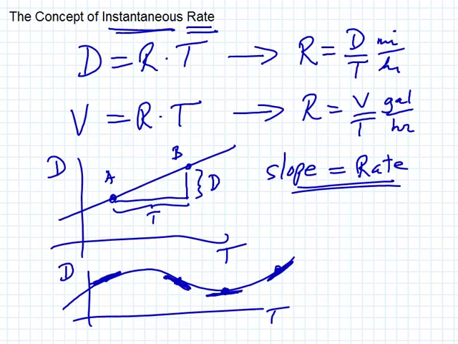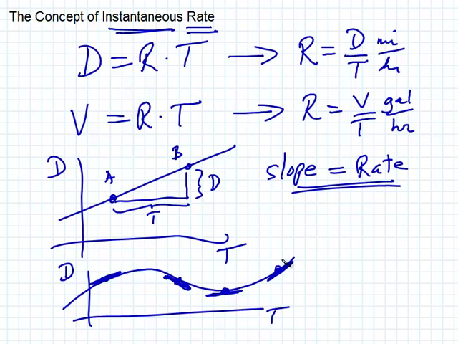Now if we go back and we talk about the concept of an instantaneous rate, the instantaneous rate is not a slope in the conventional sense. We have another name for it. It's the limit of this sequence of slopes. And the name we have for it is called the derivative. And that's one of the big topics we're going to encounter in calculus, is finding the derivatives for various kinds of curves.